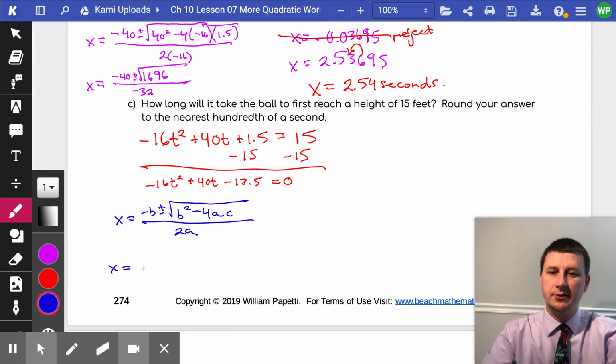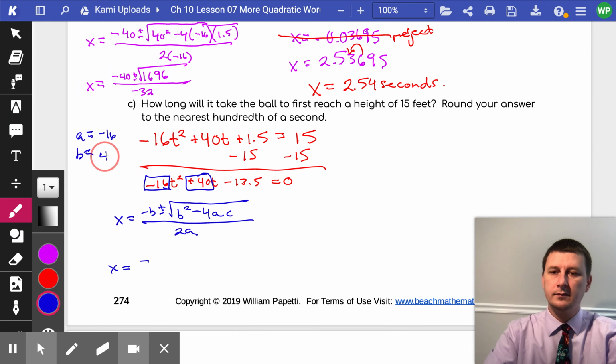And I'm going to substitute in down here. Oh, well, we didn't write out our a, b, and c values. So let's do that, just so we know for sure. We're going off of these values. So we have an a value of negative 16. We have a b value of positive 40. And we have a c value now of negative 13.5.